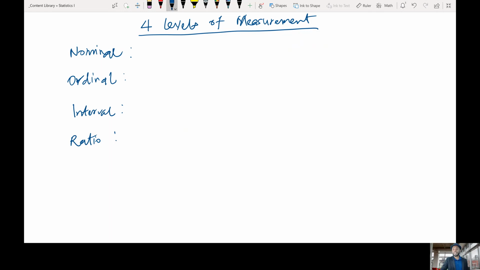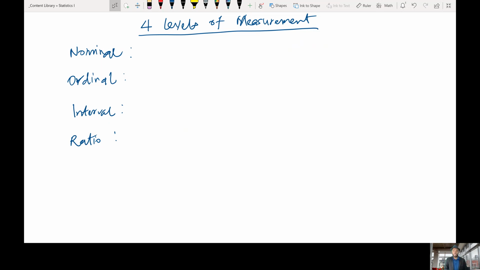Okay, so these are the 4 levels of measurement. Who would like to give a try and define those terms? What's a nominal measurement? What's an ordinal measurement? What's an interval measurement? And so on.